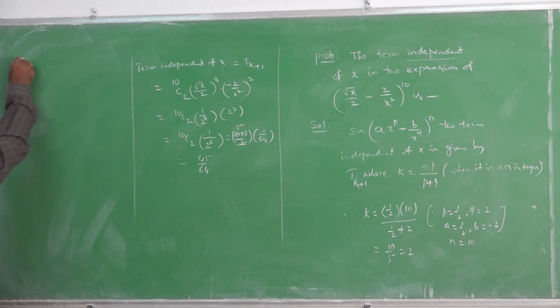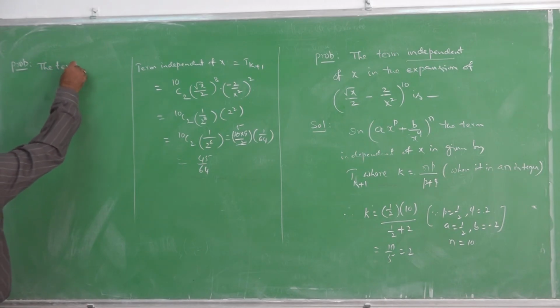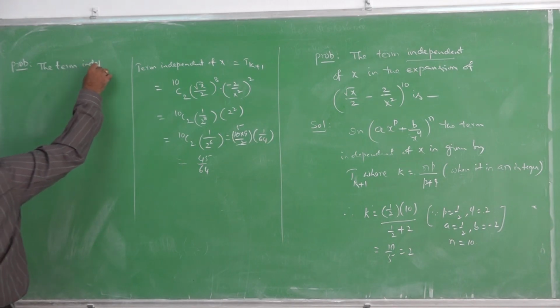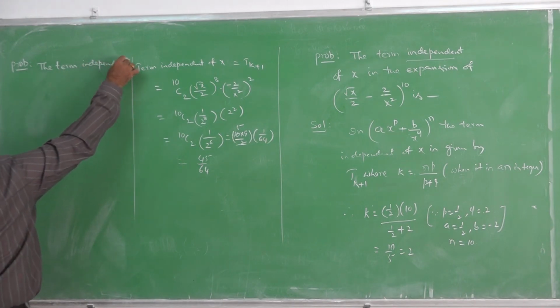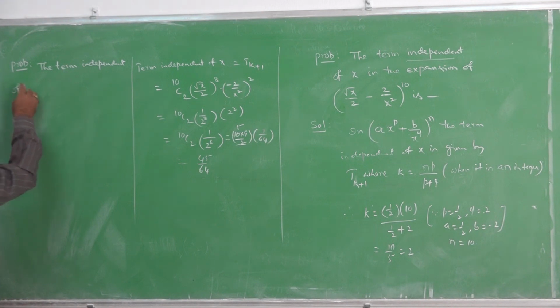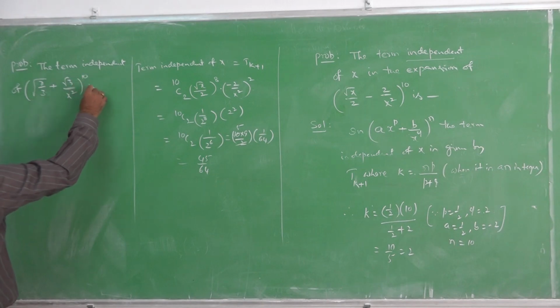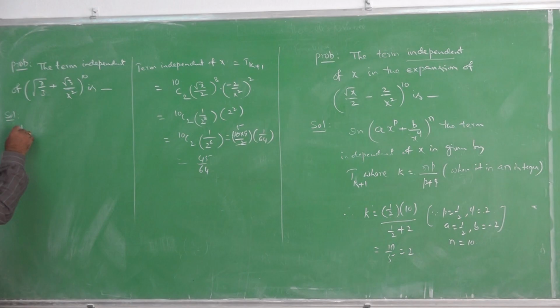Similar model problem. The term independent of x in the expansion root x by 3 plus root 3 by x square whole power 10 is. Let us consider k.